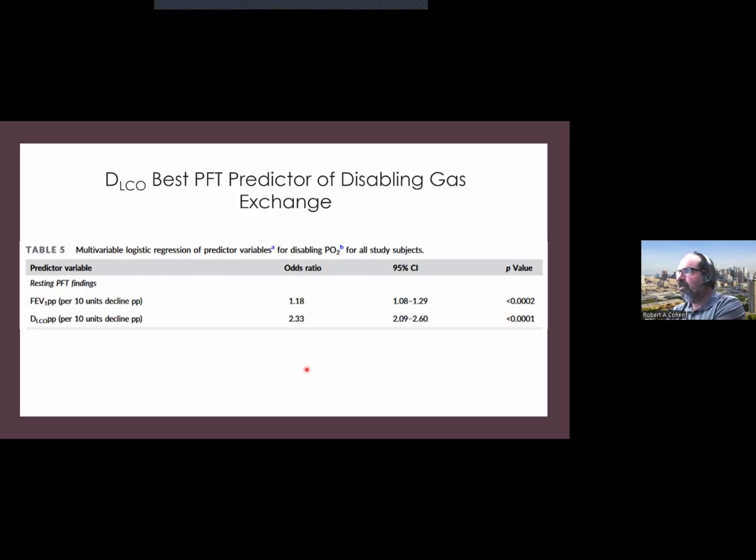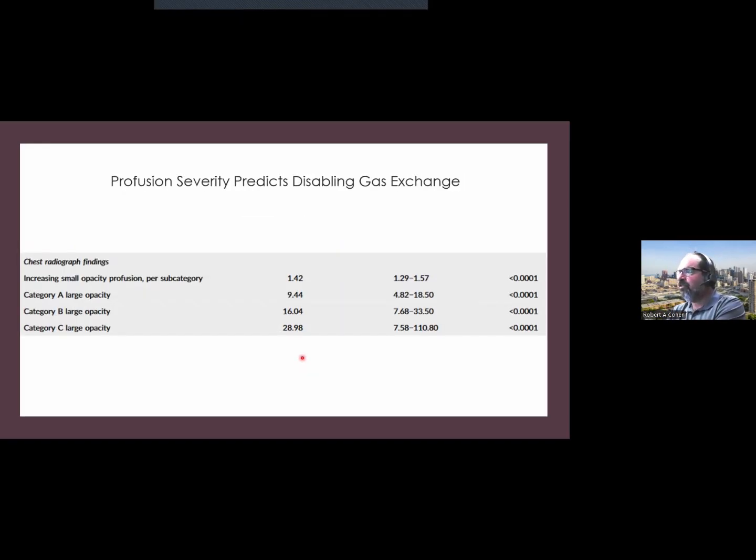That's really great. And then this just shows you the odds ratios for having abnormal diffusion, abnormal gas exchange, disabling with each category of disease. And so for every small category from 0, 0 to 0, 1 to 1, 0 and so forth, it was a substantial increase in disabling gas exchange. And then as you got bigger categories of scars, as you might expect, the gas exchange worsened.